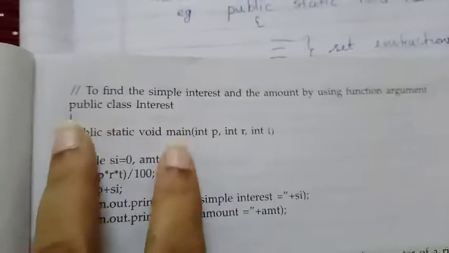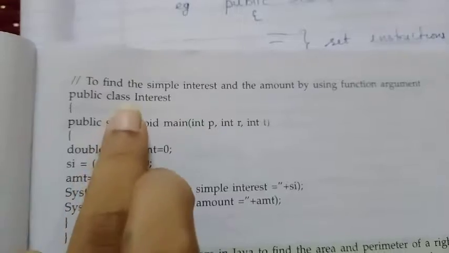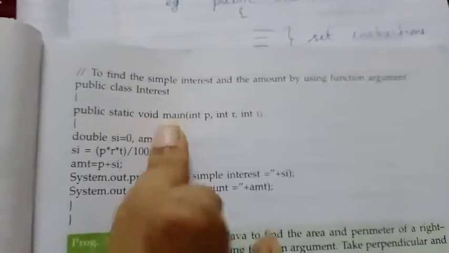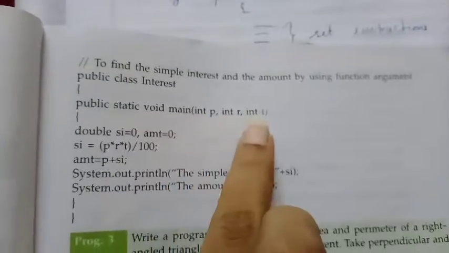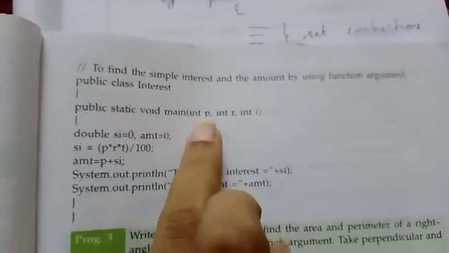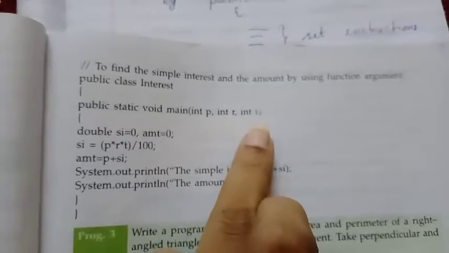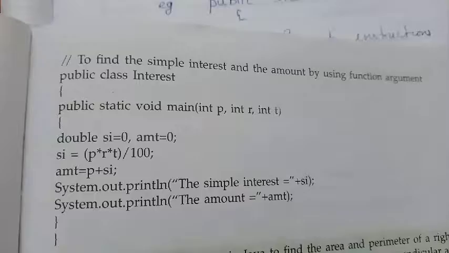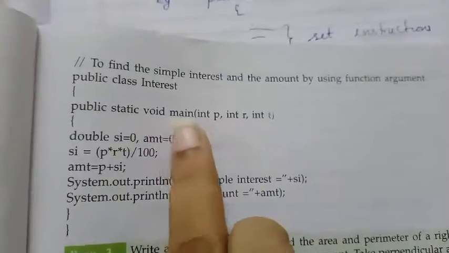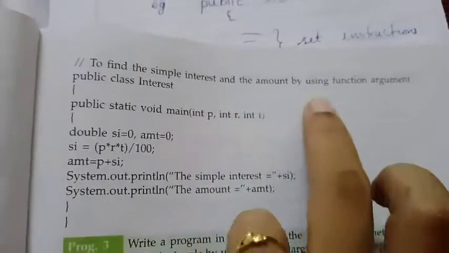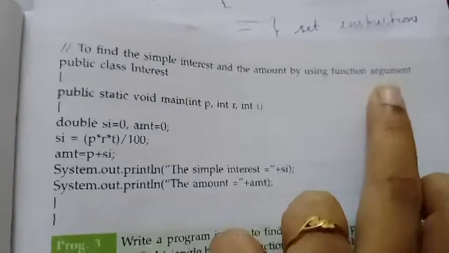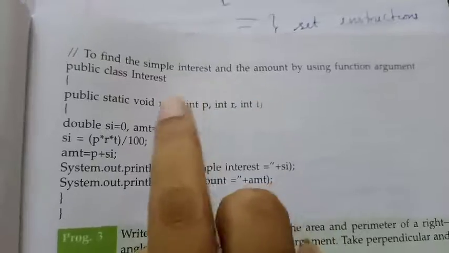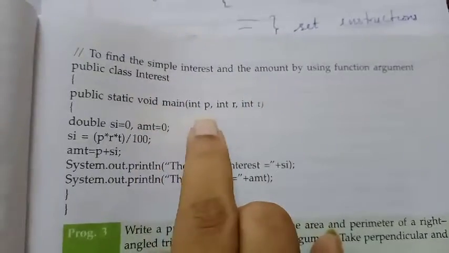Okay, so public class interest is your class name, and then your main function, public static void main, and this is int p, int r, int t. This is for your principal, rate of interest and time. So 3 inputs we need to get as input. We have given them here in the main function, because we are writing this program using the function argument, so we are going to take the input through the arguments given in the main function.